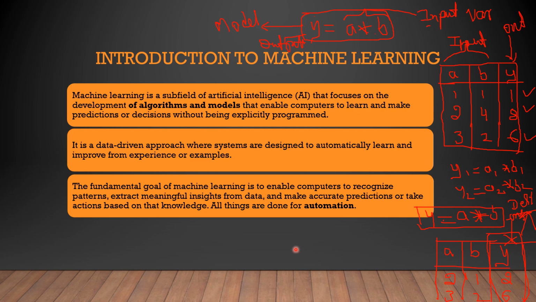So why is machine learning generally used in enterprises? Just to perform automation. Automation is widely used in today's market to enable cost saving and to reduce human effort.